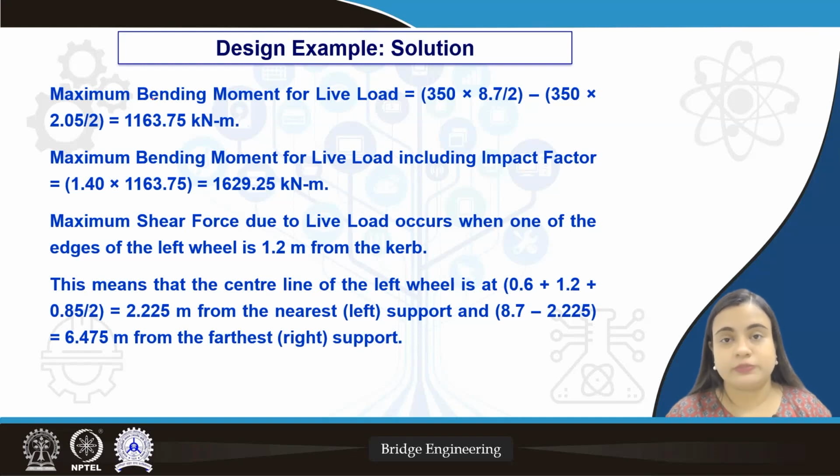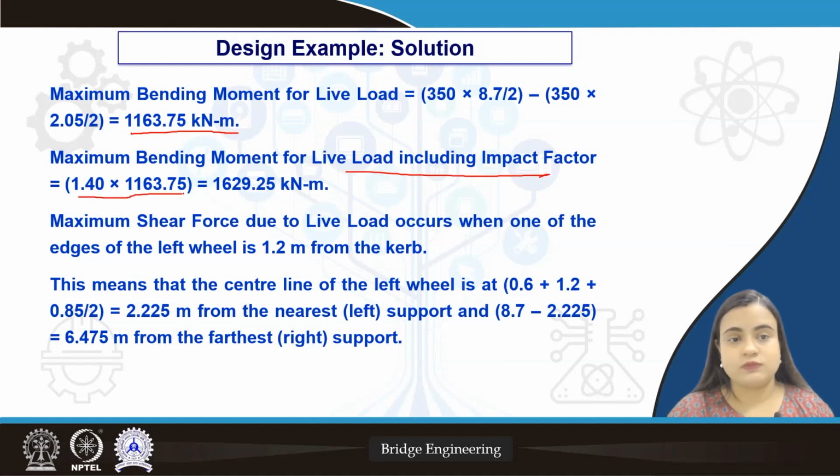And once we draw the bending moment diagram, we will see that the maximum bending moment turns out to be 1163.75 kilonewton meter. Maximum bending moment for the live load, including the impact factor of 1.4, will be 1.4 times 1163.75, that is equal to 1629.25 kilonewton meter.